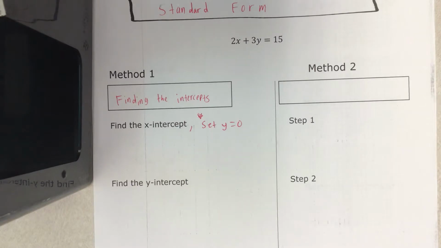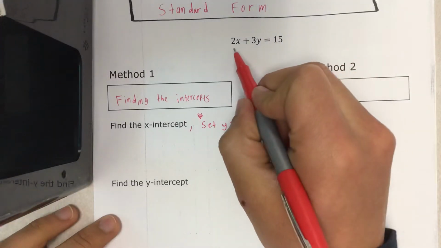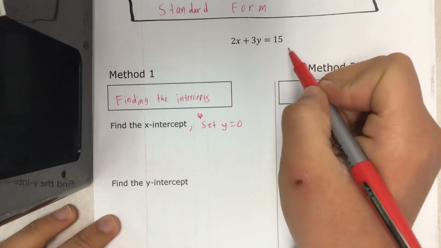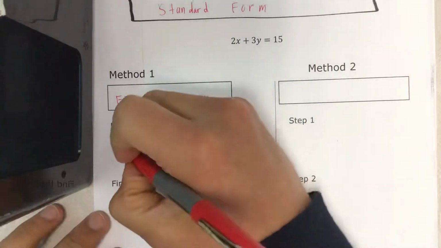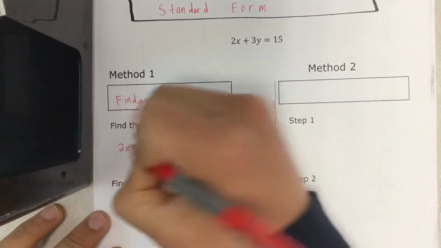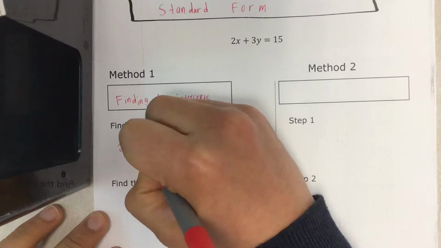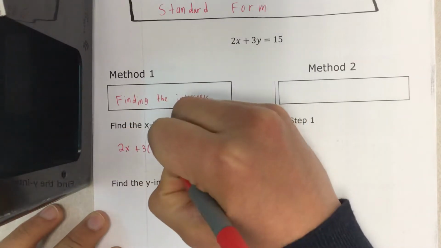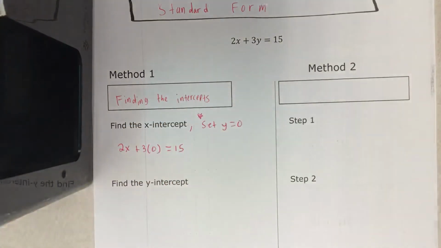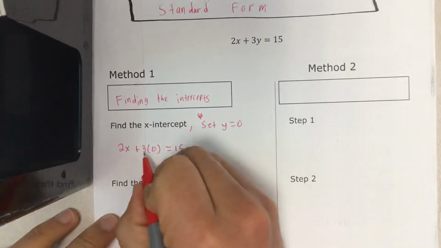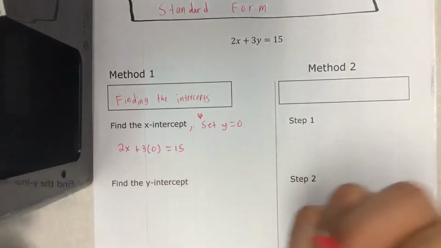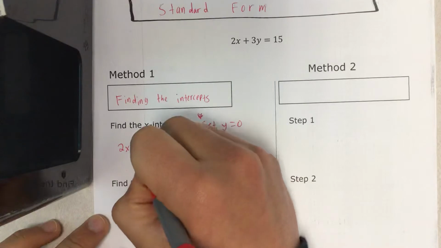So what I mean by that is we take our equation up here, right? 2x plus 3y equals 15. And instead of y, I'm going to set it equal to 0. So plus 3 parentheses 0 equals 15, okay? So what that does is that's going to help me find the x-intercept. So 3 times 0 is just 0, right? So that basically cancels it out.